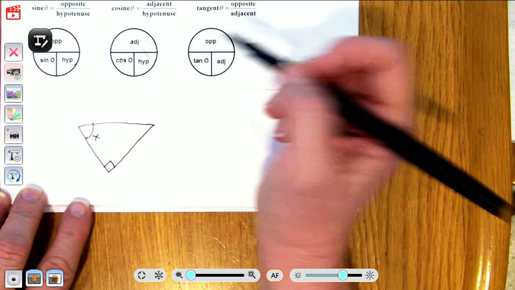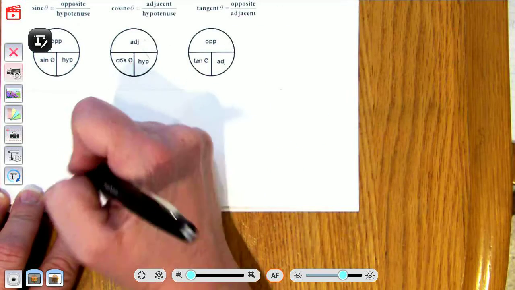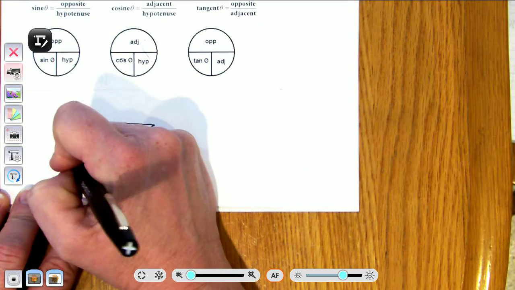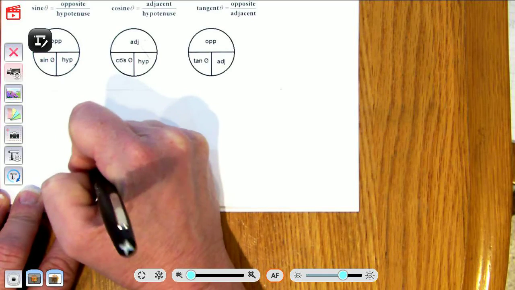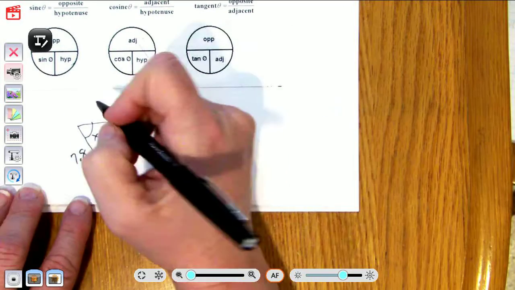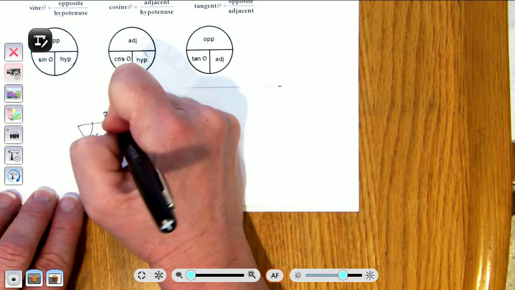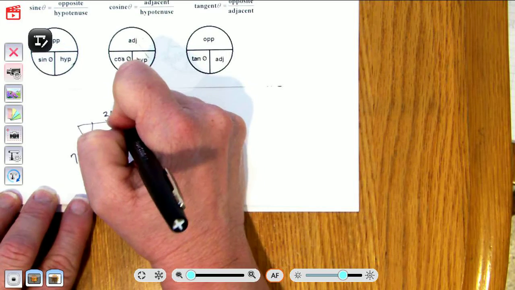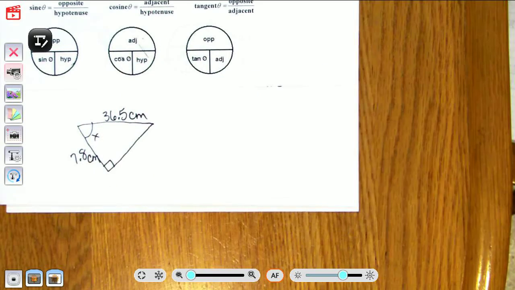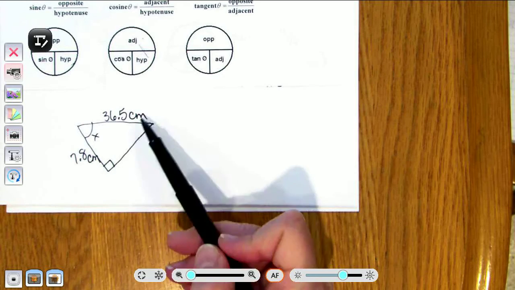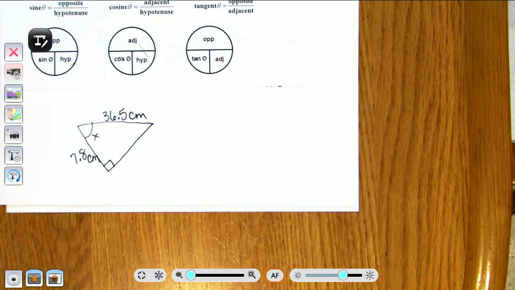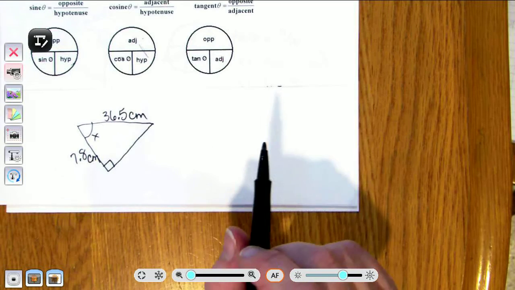And let's say I know that this is, I'm making up numbers, 7.8 centimeters. And this one happens to be 36.5 centimeters. Okay, we do want to make sure that these are in the same units. They will be in our problems, so you won't have to change that.